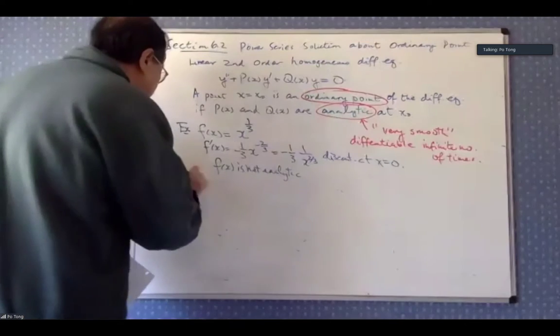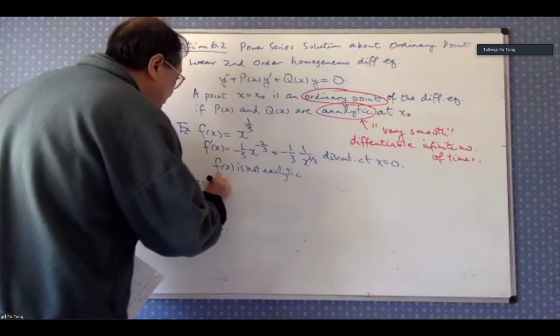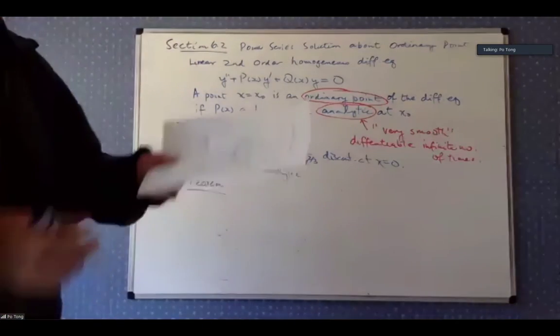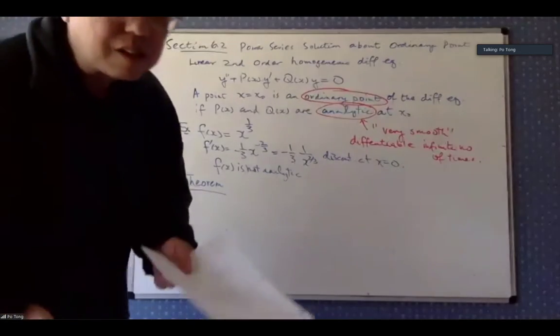So there's a theorem which we are not going to prove, but the theorem justifies the methodology that we are going to use.